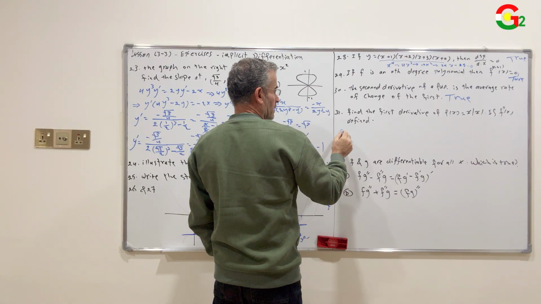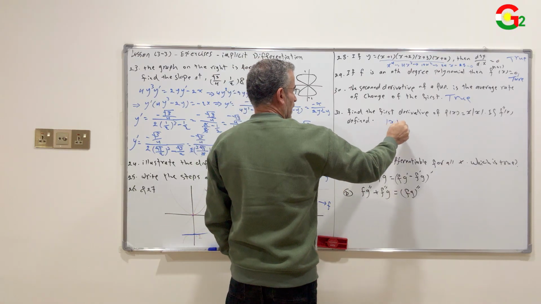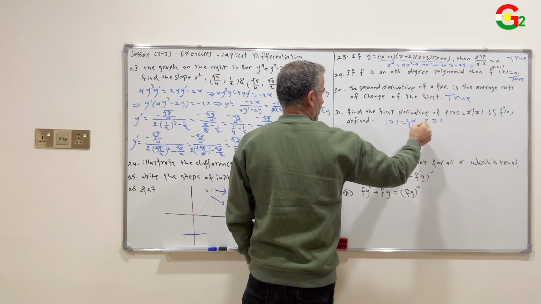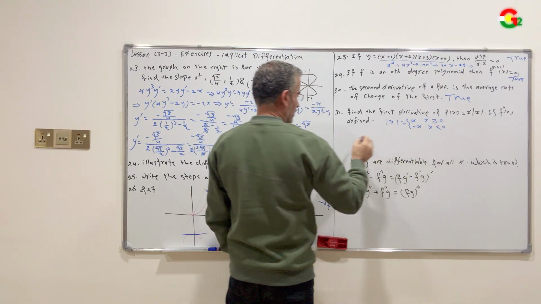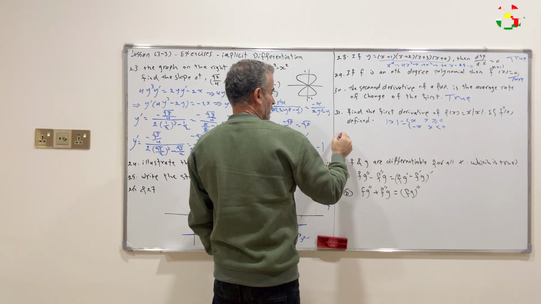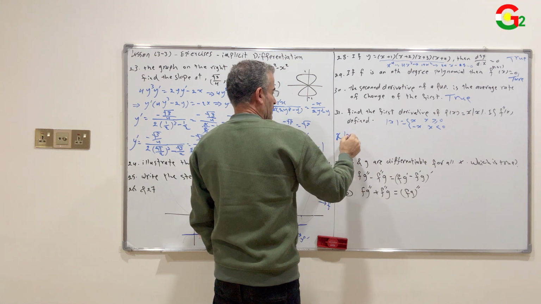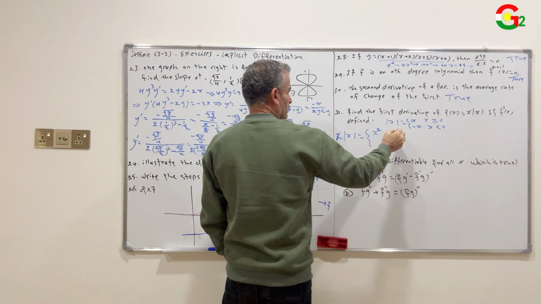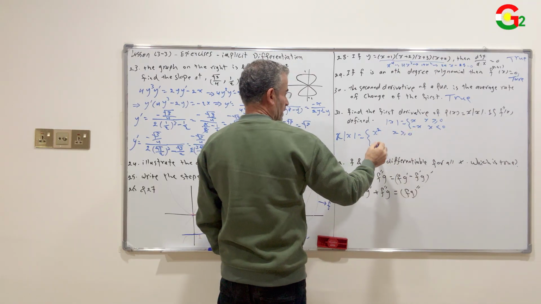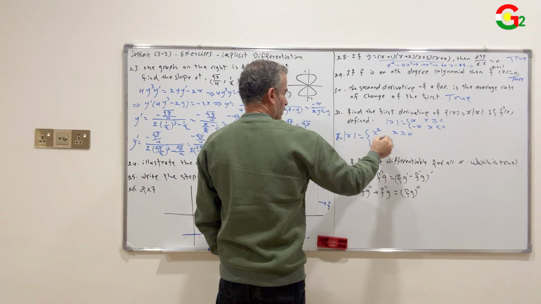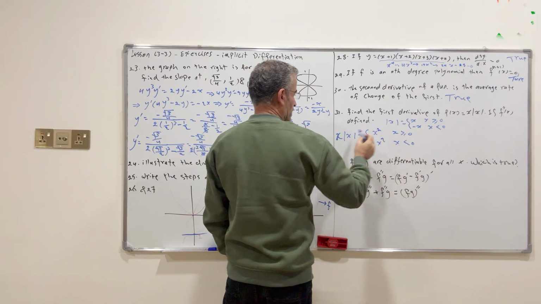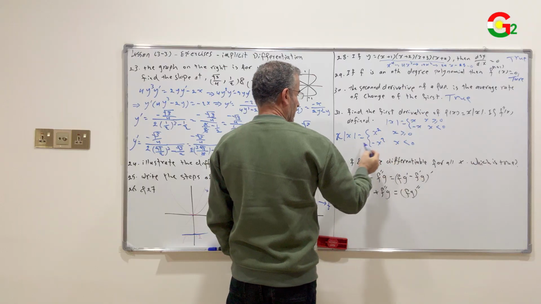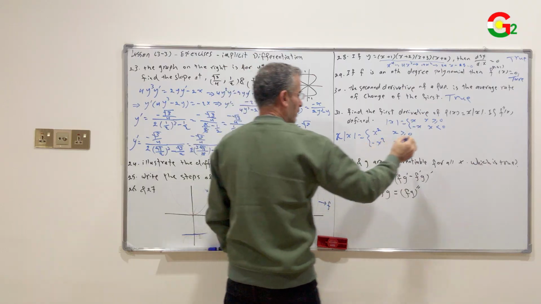Since absolute value of x equals x when x is greater than or equal to 0, and negative x when x is less than 0, then x times absolute value of x equals x^2 when x is greater than or equal to 0, and negative x^2 when x is less than 0.